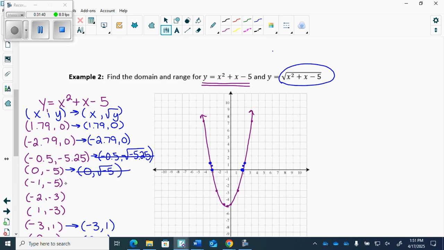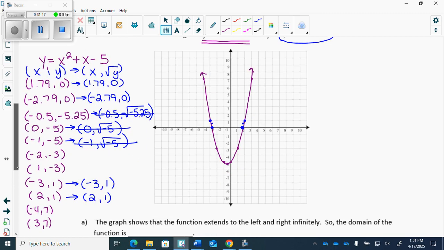Also not a thing. This one's going to be negative 1 and the square root of negative 5. Also not a thing. This one is negative 2, square root of negative 3. Nope. 1, square root of negative 3. Nope. So those are all gone. So the purple, like that little purple below the x-axis, doesn't exist on the blue graph, correct?